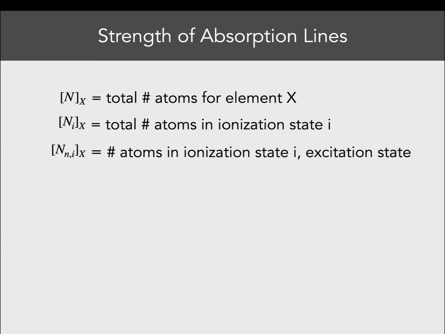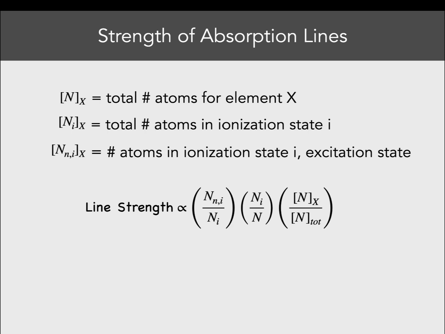And now if we add an n to it, this is how many atoms do I have of element X in ionization state I and in energy level n, so in the excited state n. So increasingly more and more specific details about the state of the atom.